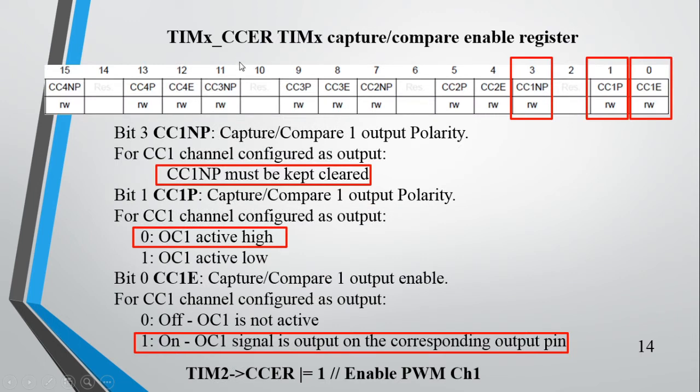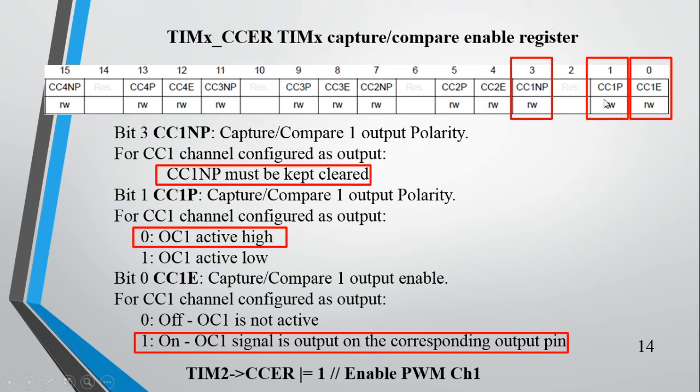Then the next register is the capture compare enable register. Now we have configured the capture compare mode and other things. Next you need to enable the capture compare itself. In that register, bit number 0, I am making it 1. Bit number 0 being 1 means capture compare 1 output is enabled.